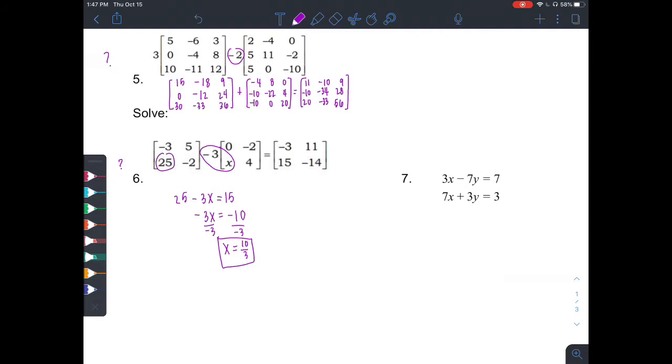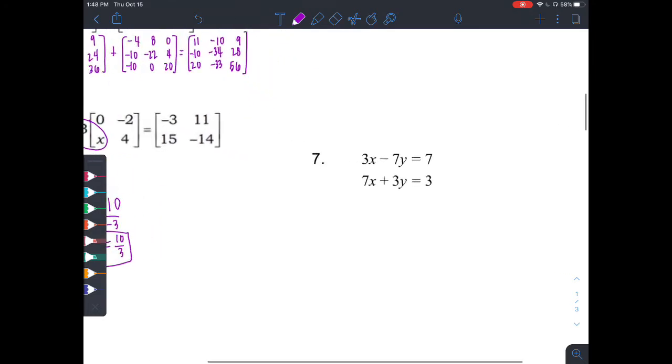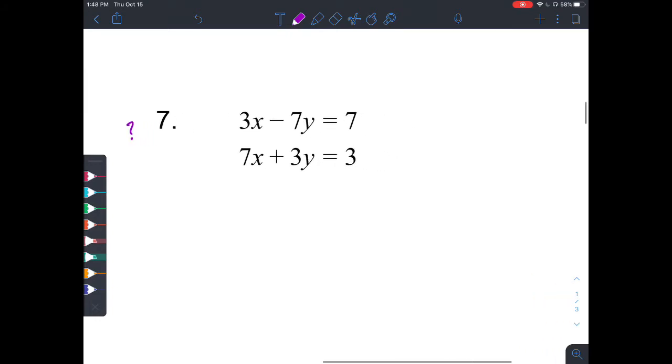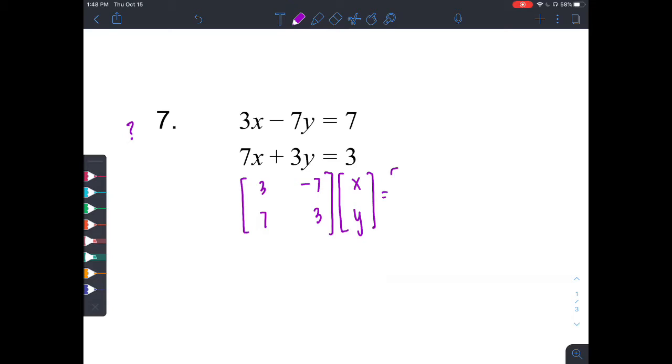Okay, so then for this next one here, you're going to have to think back to our last one, so go ahead and do that one on your own. Okay, so if you remember, we have to set up a matrix here, so we have 3, negative 7, 7, 3 times the matrix xy equals 7, 3.